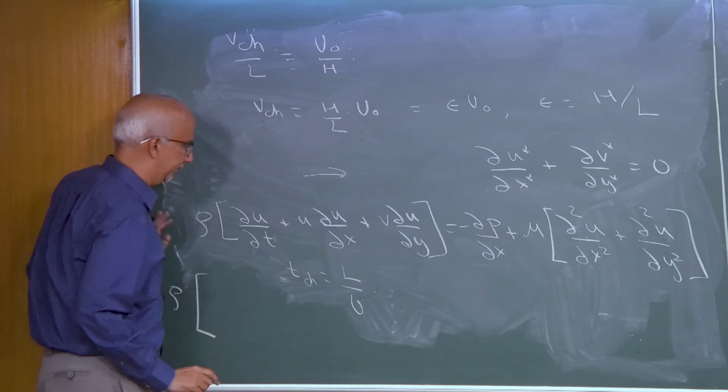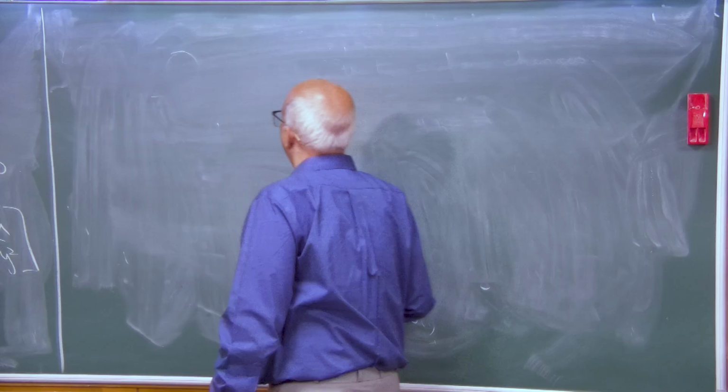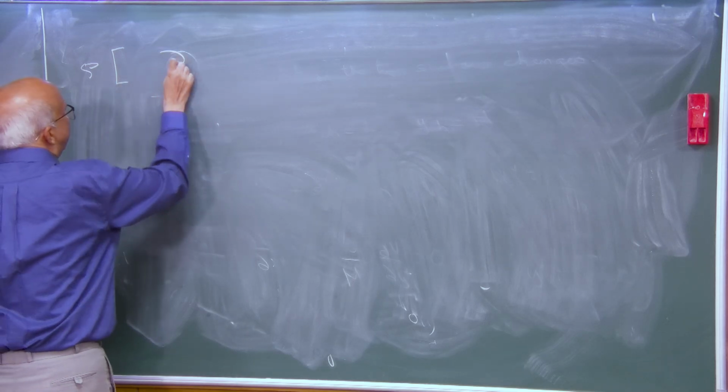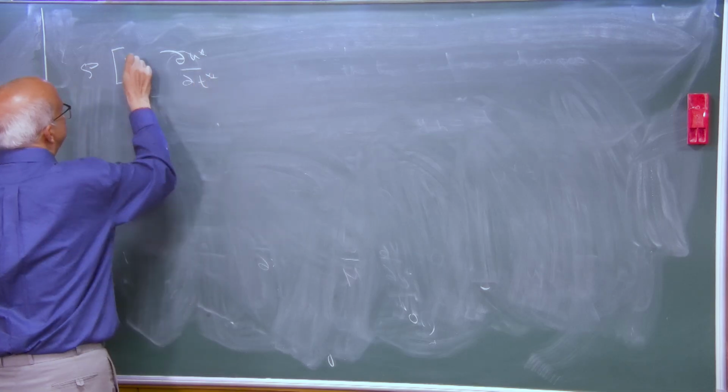Now I would get, let me go there. I write this as rho times du star by dt star, and this will give me one u.